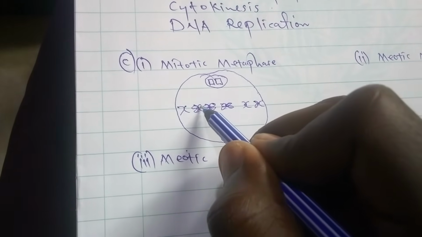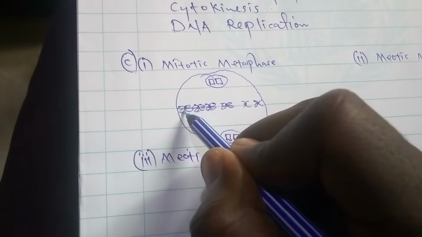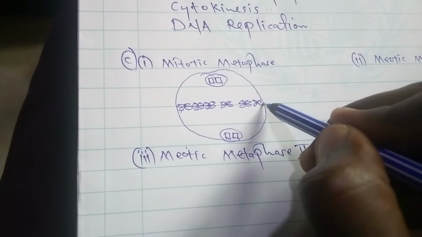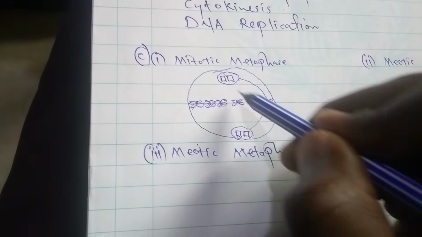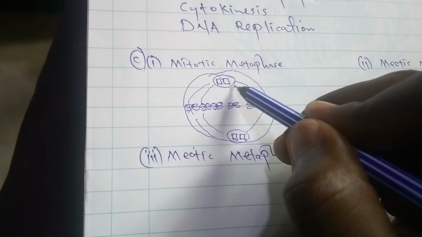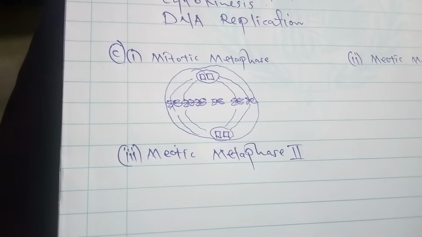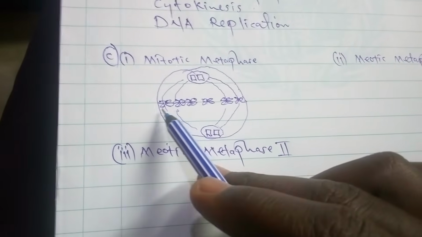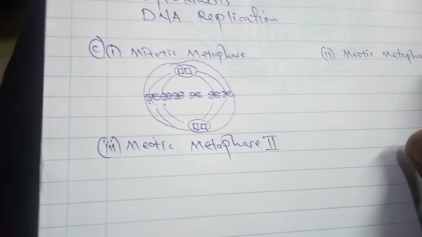These are chromosomes aligning themselves in the metaphase plate. So this is how the cell looks at the mitotic metaphase. The single chromosomes are aligned in the metaphase plate or equator.